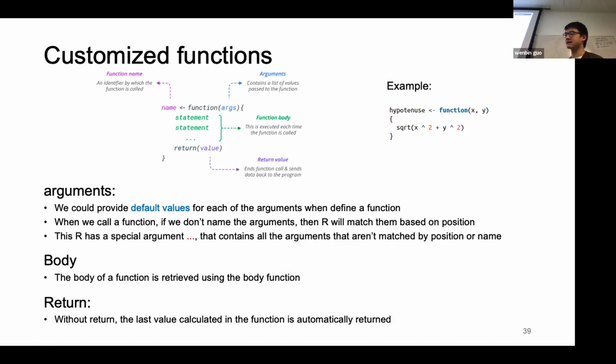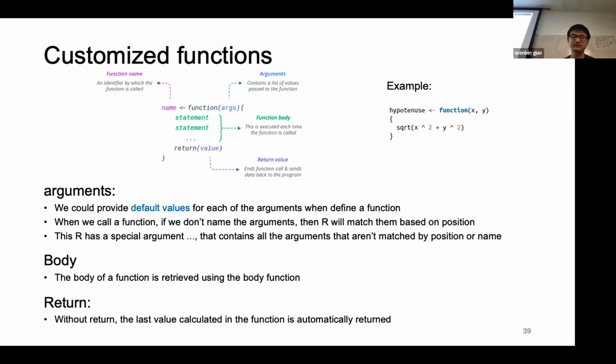You can put the three little dots in the arguments, and anything passed and not used in this function can be used by the inner function, the other function you called within the function body.